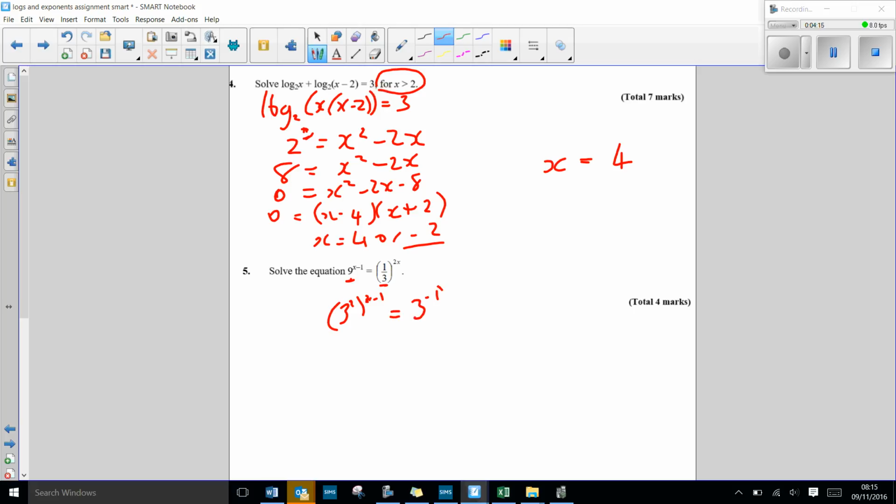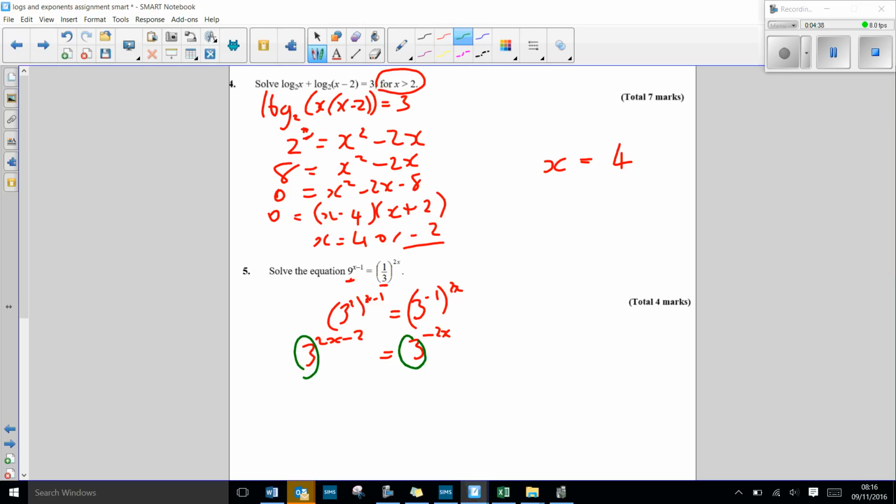Using rules of indices, we know that we would multiply our powers. So we've got 3 to the power of 2x minus 2 equals 3 to the power negative 2x. Here, because our base is the same, it means that we can equate our indices.